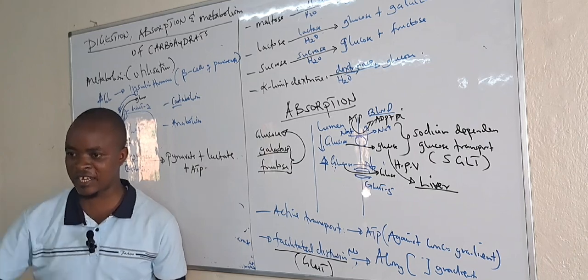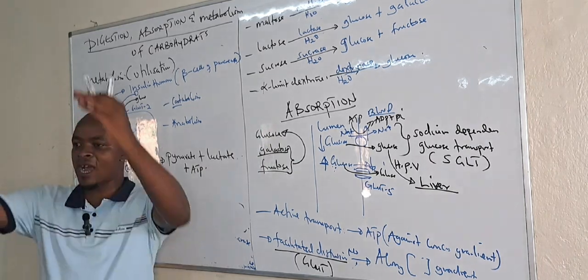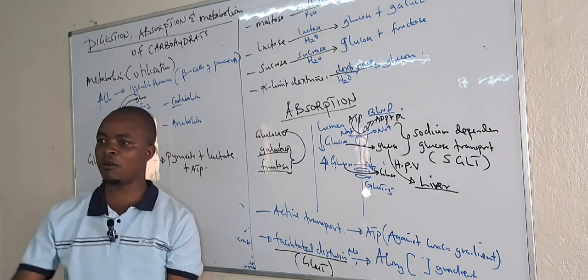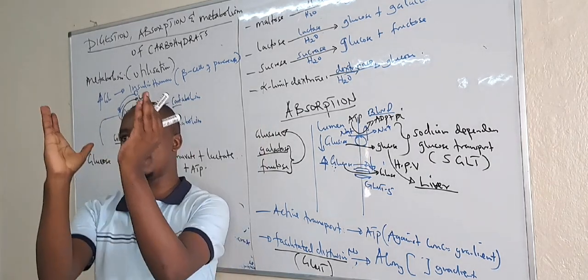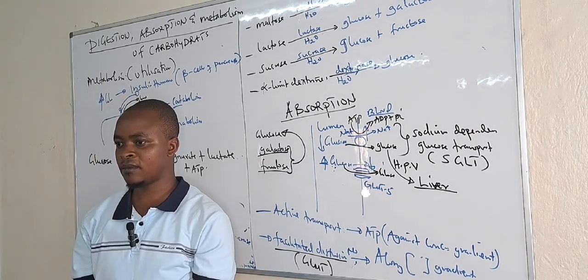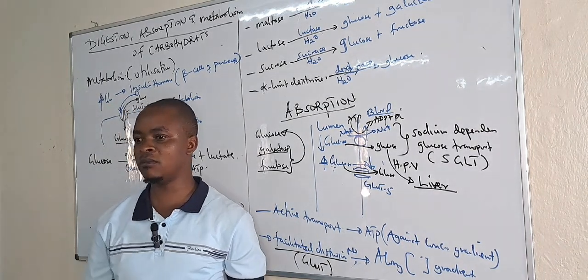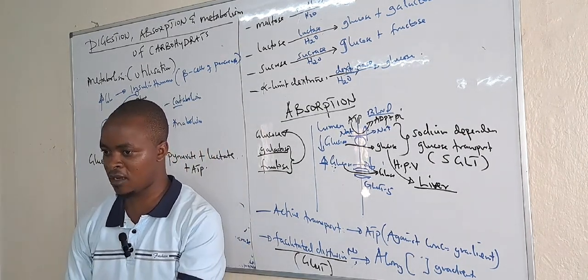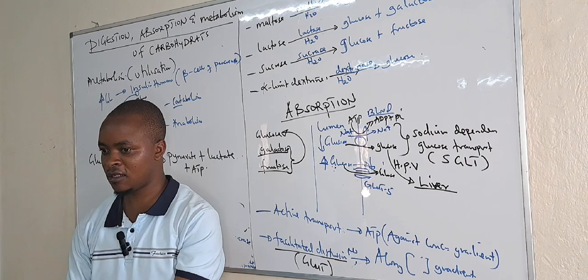Kata means moving from the bigger component to a smaller one, breaking it down into smaller components. That's what we mean by kata. So catabolism is the breakdown of complex substances into simpler substances.